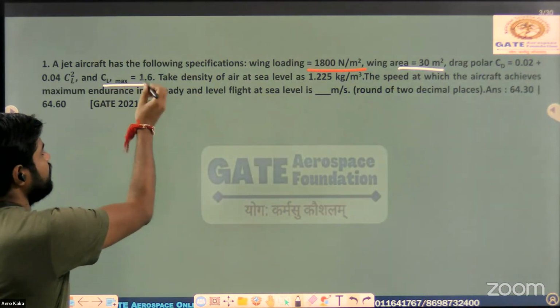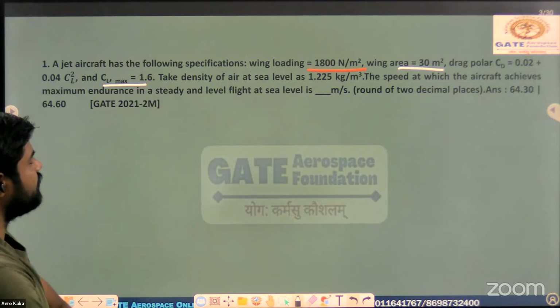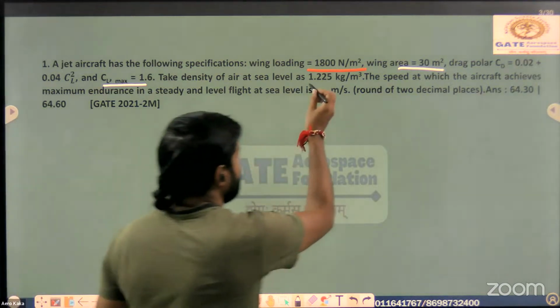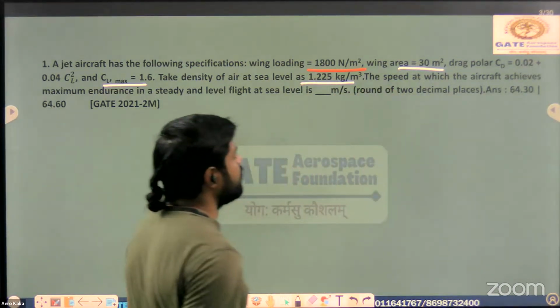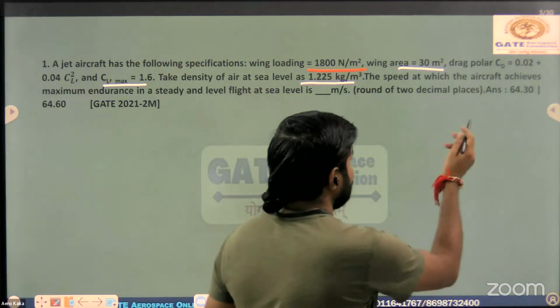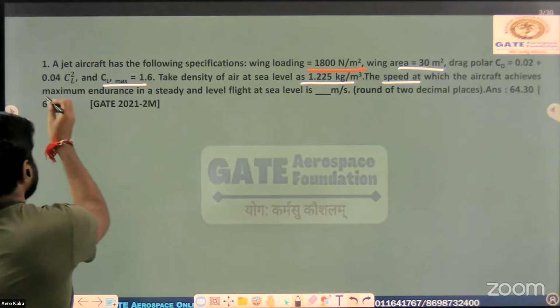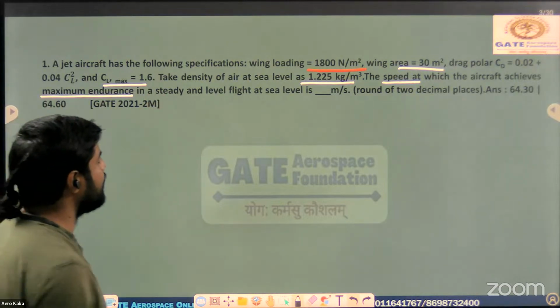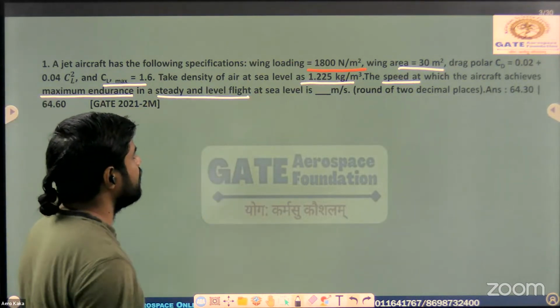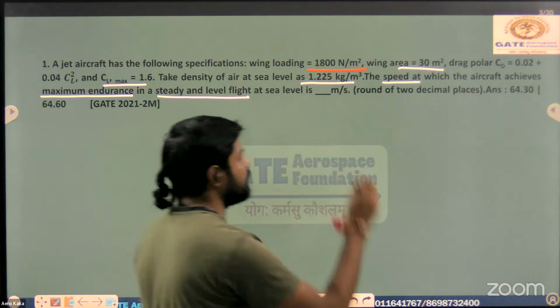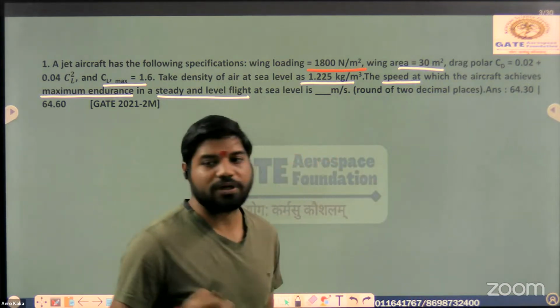CL max value is given to you. Take the density of air at sea level as 1.225 kg per meter cube. Now the speed at which the aircraft achieves maximum endurance in a steady and level flight. Please underline this. At sea level, in meter per second, rounded to 2 decimal places.